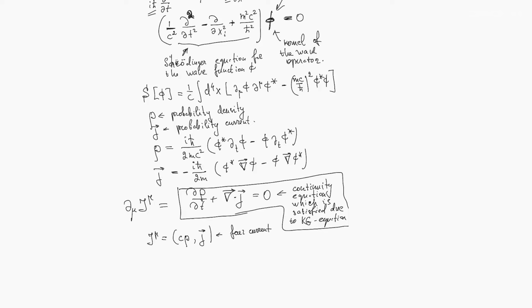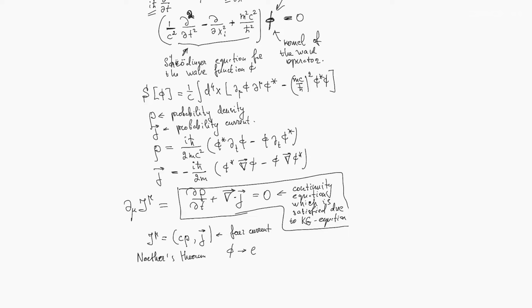Because the existence of this conserved quantity is due to the fact that the action for the relativistic complex scalar field has the following symmetry: phi goes to exponential i alpha multiplied by phi, where alpha is a constant parameter.